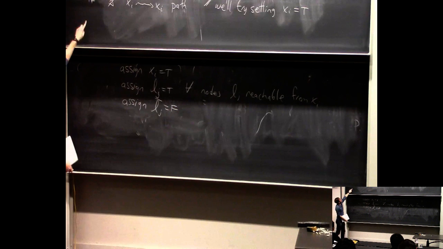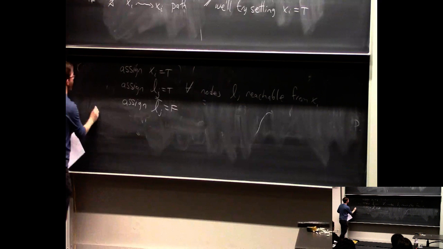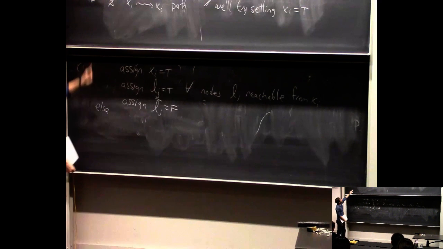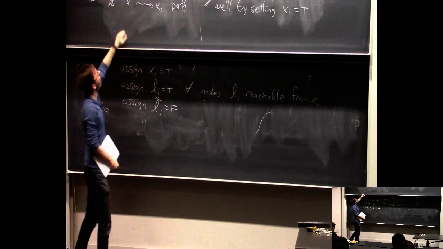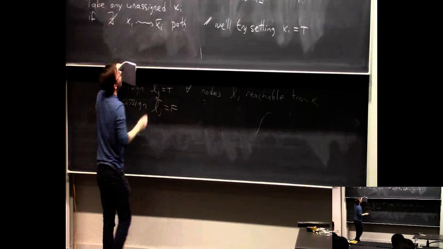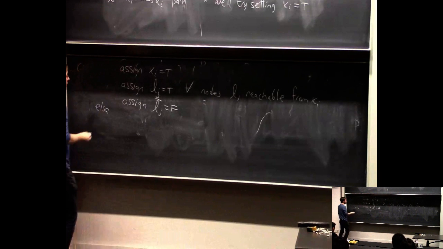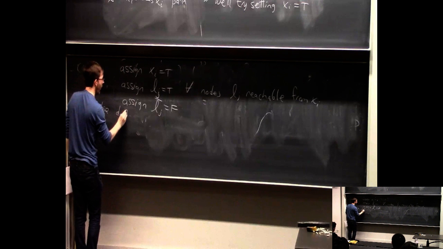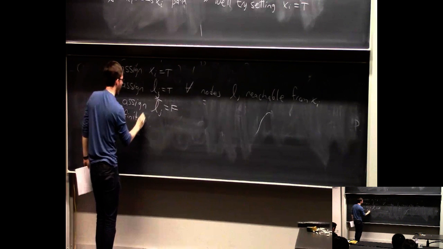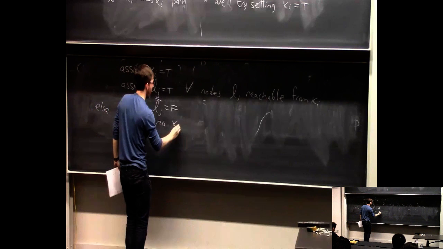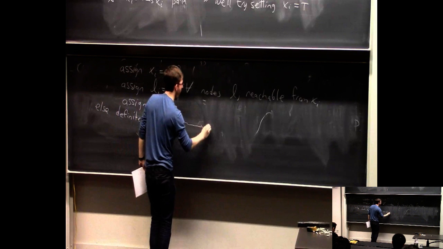Otherwise, I'm going to put an else here. If there is such a path from xi to xi bar, then there isn't the other kind of path. So definitely there's no xi bar to xi path.